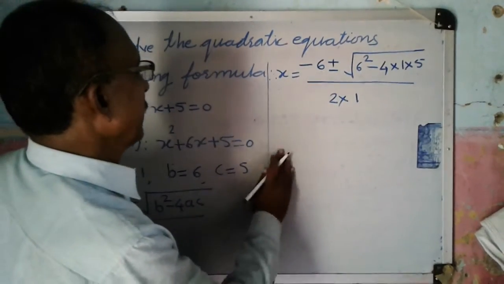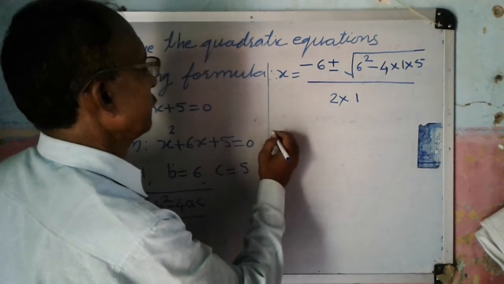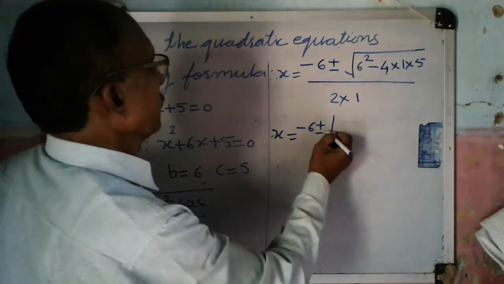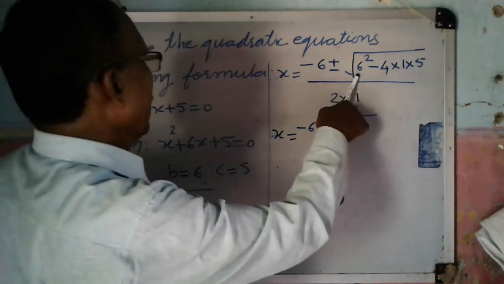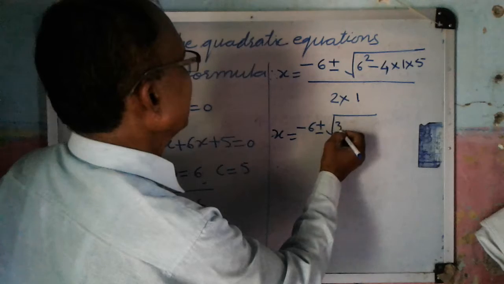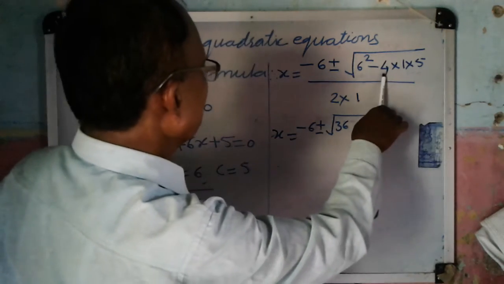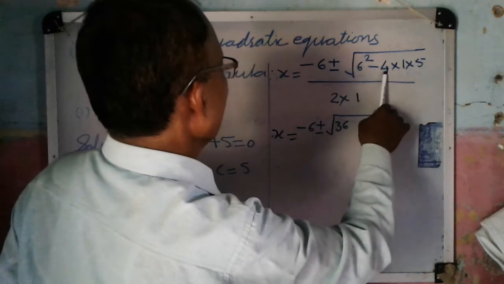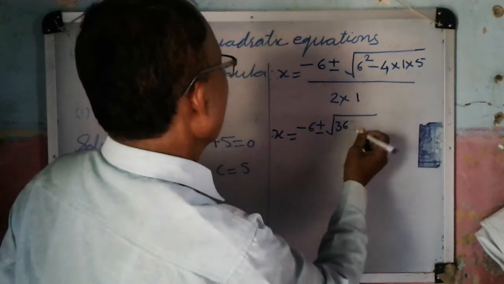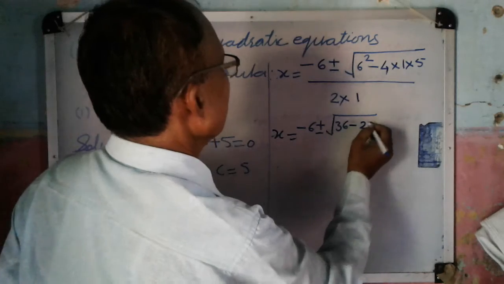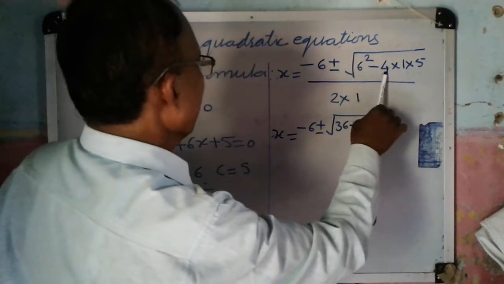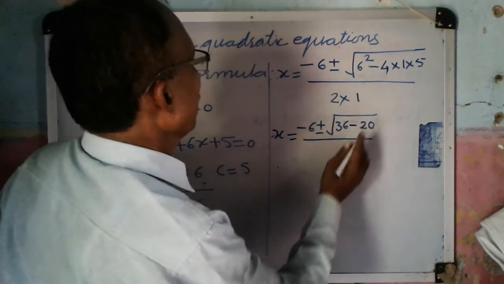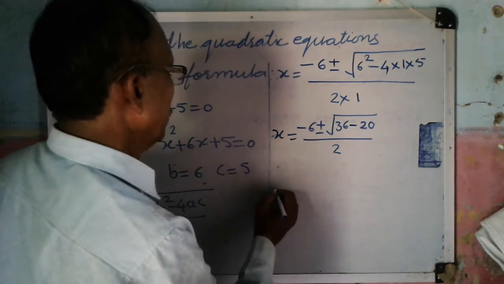So after solving this we get minus 6 plus or minus under root 6 square, that means 36, minus 5 4s are 20. That means 4 into 1 into 5 we get here 20. And 2 into 1 we get 2.